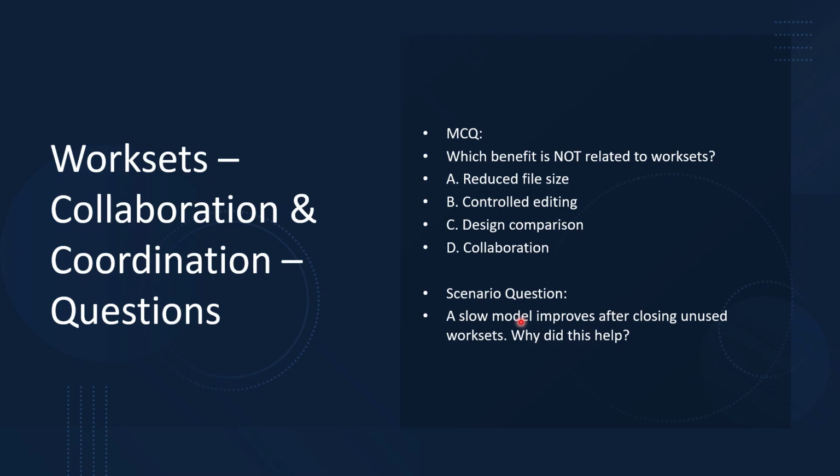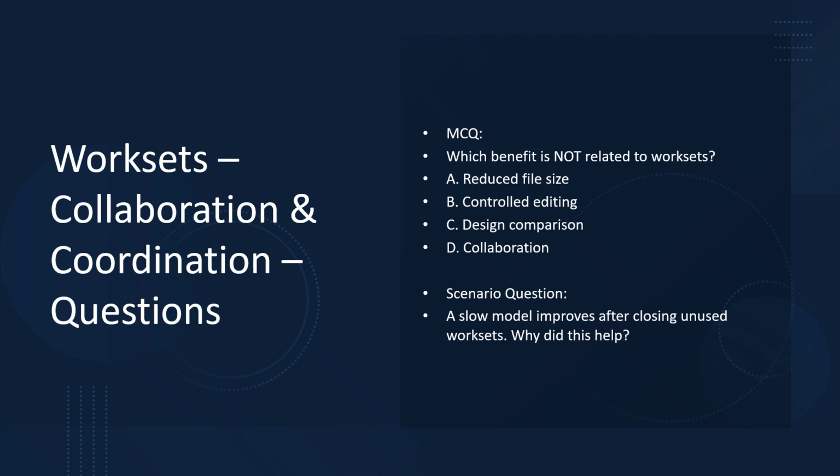The reason is that different users from different local computers work on the same model, and everybody is kind of busy in that model, and the model is also busy during the design. If we close those unused worksets, it helps a lot in order to get faster and quicker.